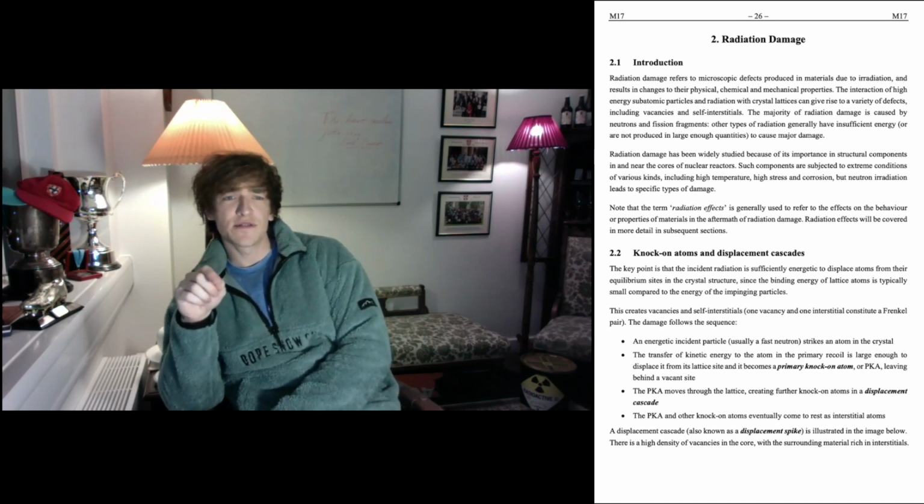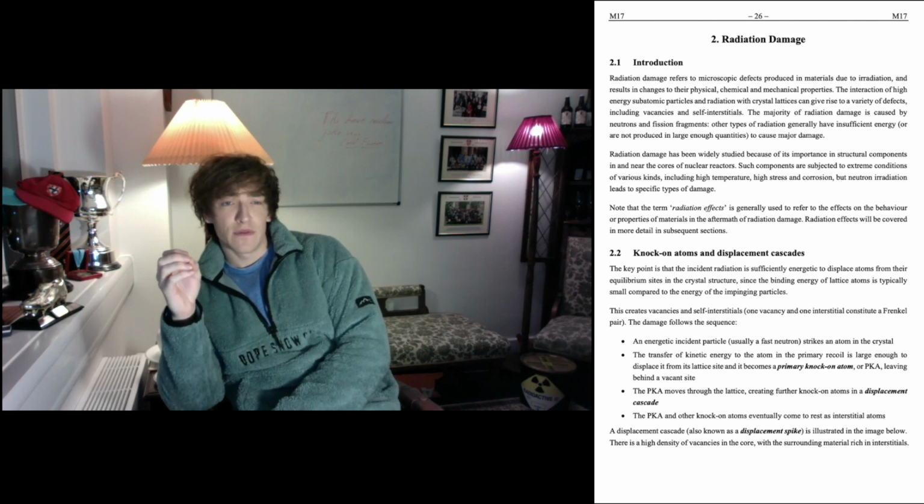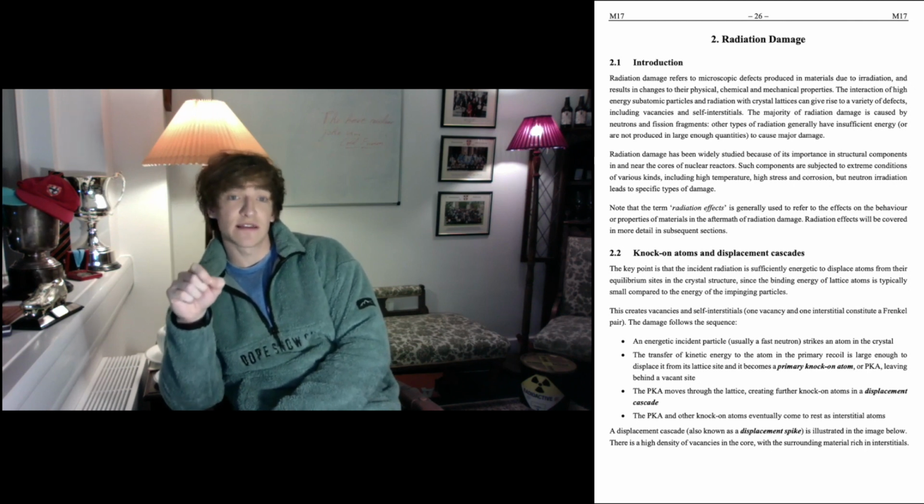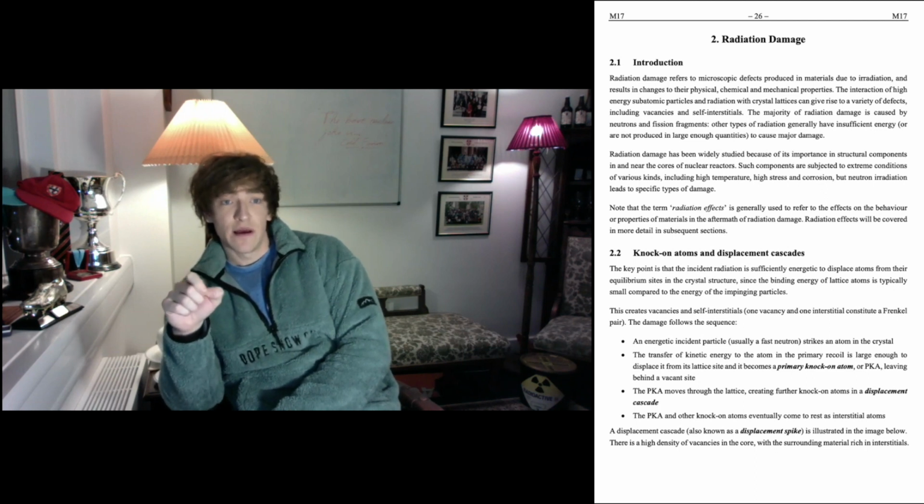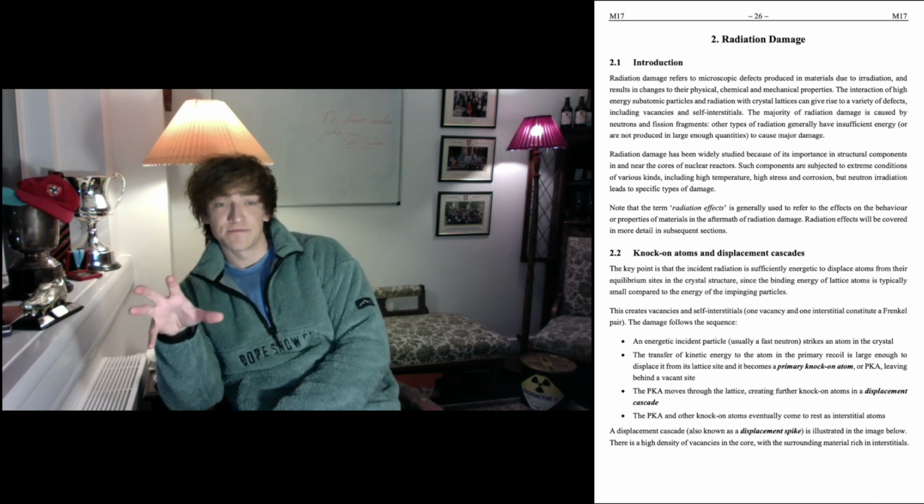So firstly, what does radiation damage mean, and how does it differ from radiation effects? Well, radiation damage refers to the production of defects formed as a result of irradiation, producing physical, chemical and mechanical property changes.